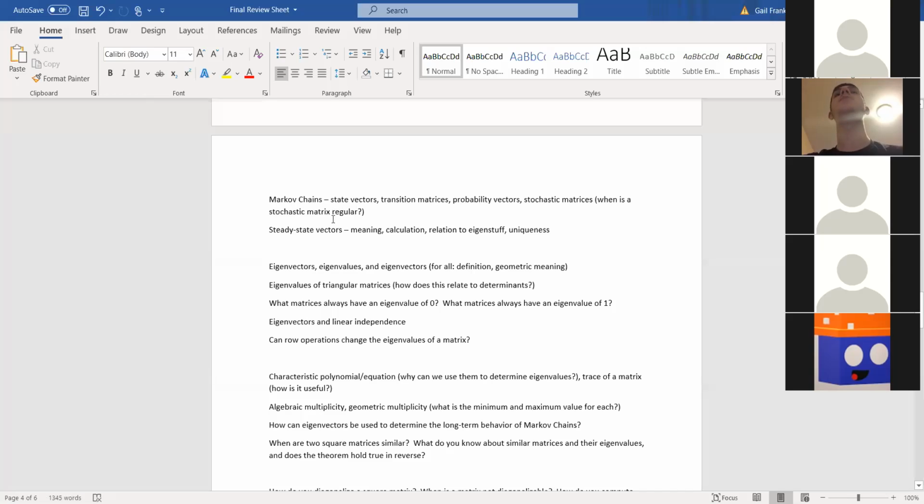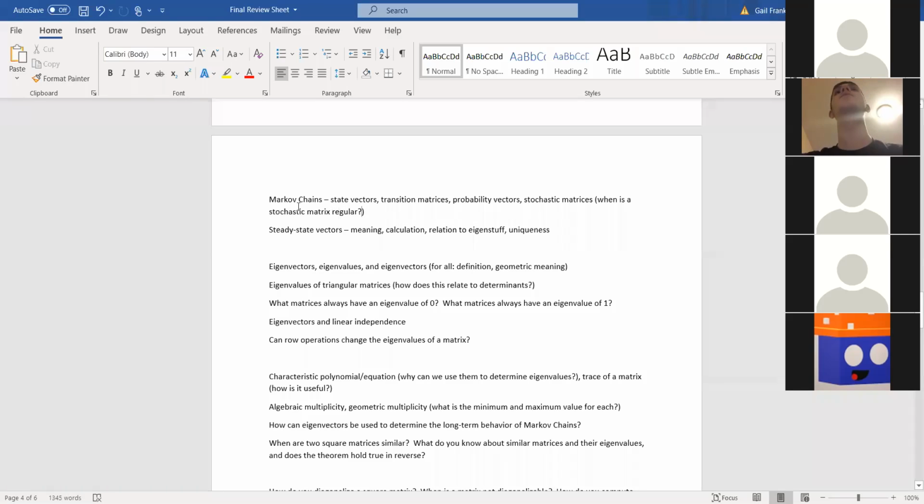Steady state vectors. Whenever you multiply the stochastic matrix by the steady state vector, you get the steady state vector back. So steady state, it doesn't change no matter how many times you multiply by that stochastic matrix.